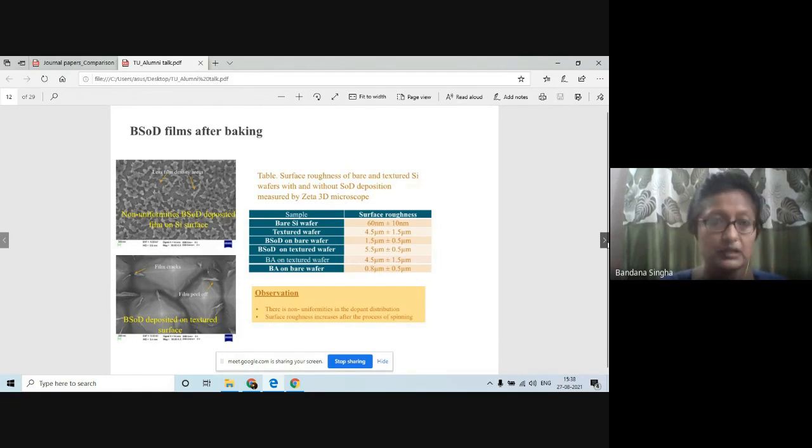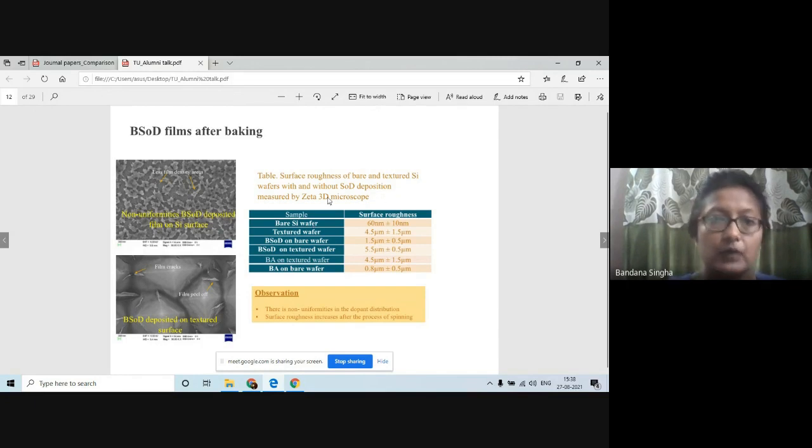So as an essential step, the samples are baked at a temperature of nearly 200 degrees Celsius for 2 to 3 minutes or even more. And that is essential for both the spin-on dopant sources, like Spintronics, and our boric acid case.